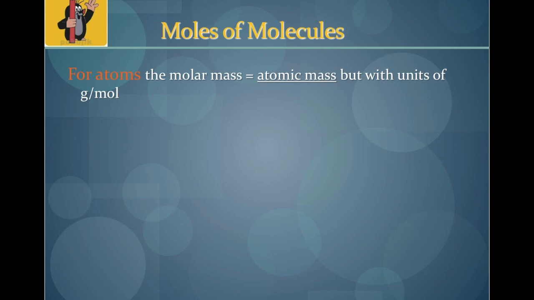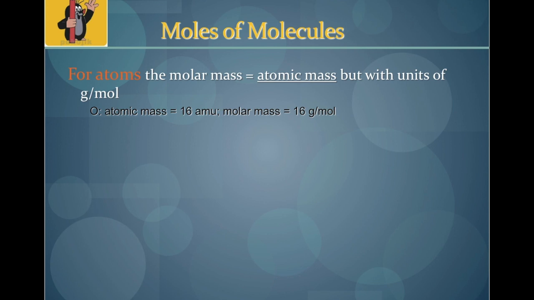But instead of having the units atomic mass units, we use the units grams per mole. So if you just look up the atomic mass on the periodic table and use units grams per mole, that is the molar mass. For example, oxygen, if you look it up on the periodic table, has an atomic mass of 16 atomic mass units. The molar mass is 16 grams per mole.